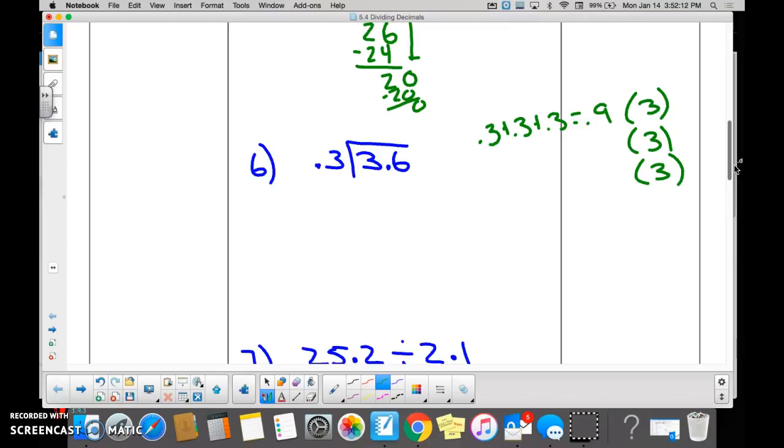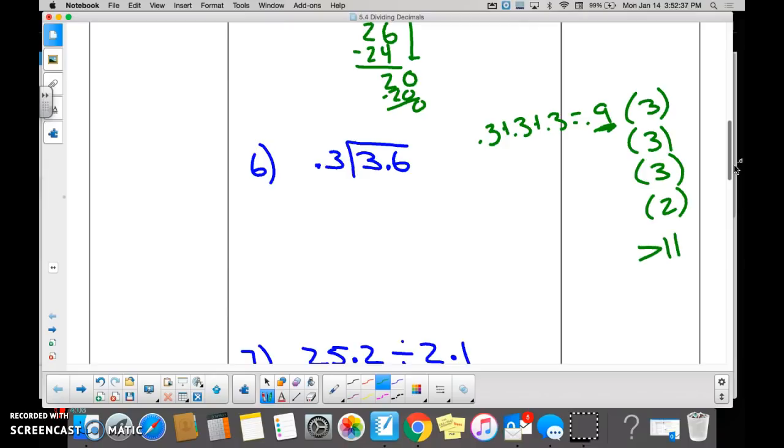And then 3.6 I know is going to be 2 more because 0.3 and 0.3 is really easy for me to get to 0.6. So my answer should be somewhere around 9, 11, probably 11. It's going to be greater than the number 11 because I know that I didn't exactly get to 1 when I was estimating with my 0.3. So I'm going to say my answer is probably somewhere greater than 11, maybe around 12 or 13.